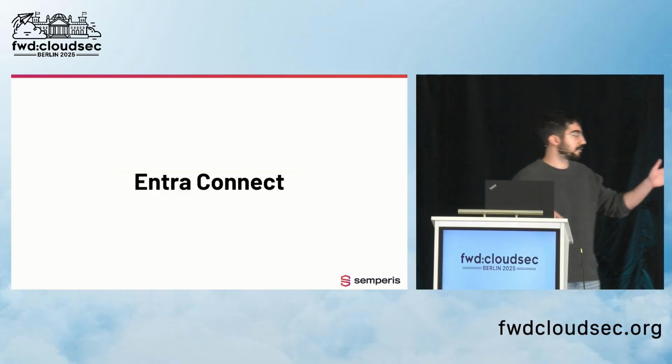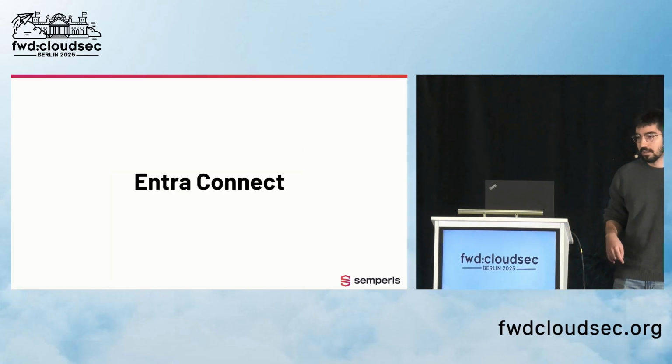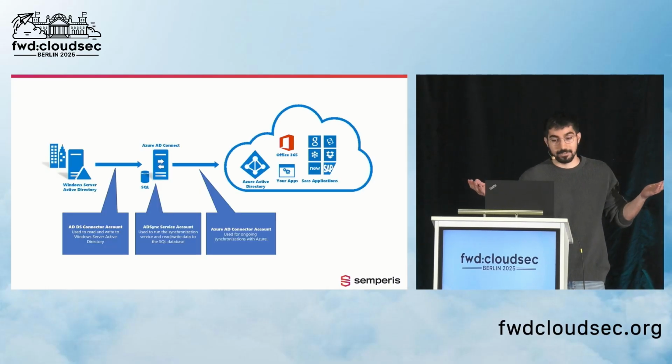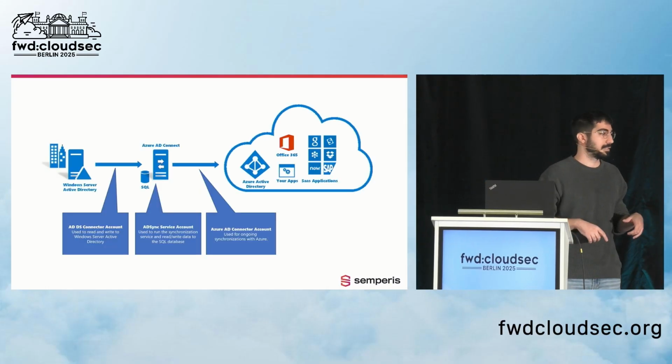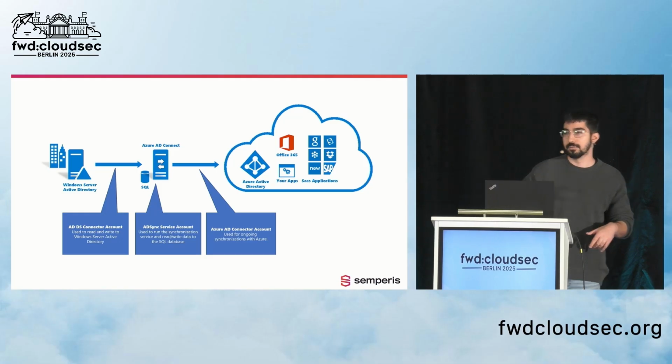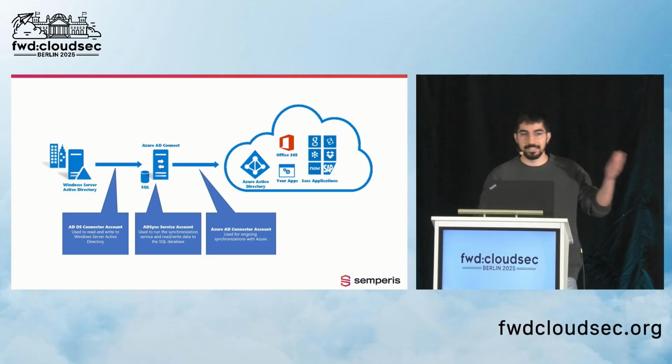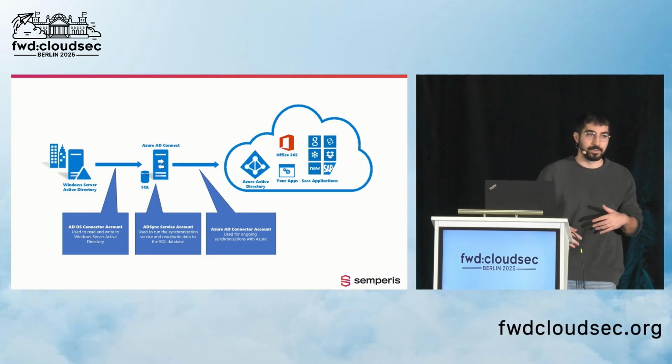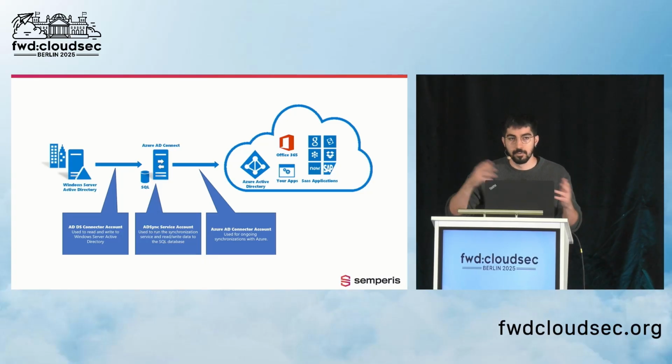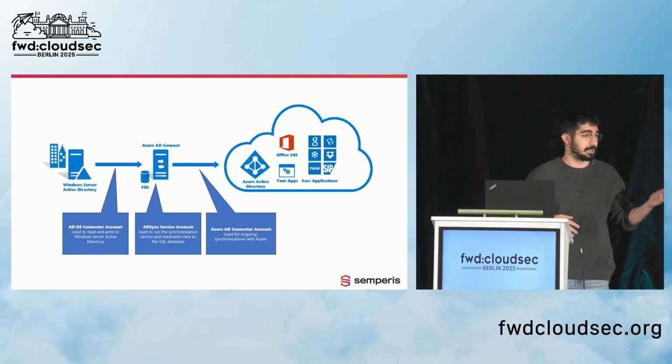So everything is related to Entra Connect. What is Entra Connect? We have to ask ourselves, right? Entra Connect is an application that is used to sync users between AD and Entra ID. That means that we have users in AD that we want to move or copy or update in Entra ID. We'll use the Entra Connect application.